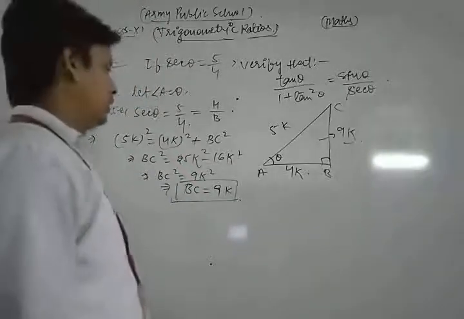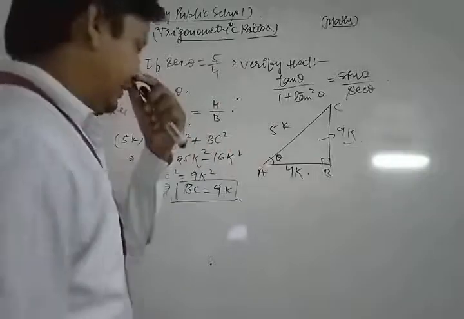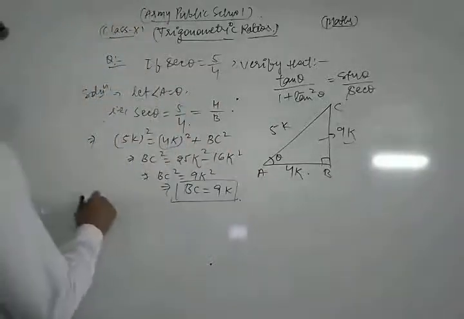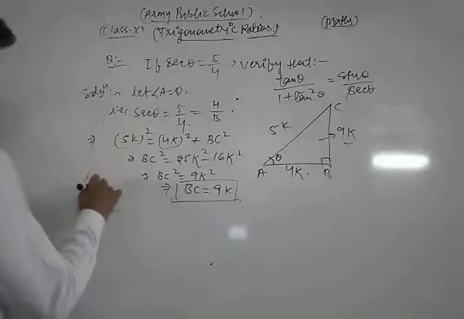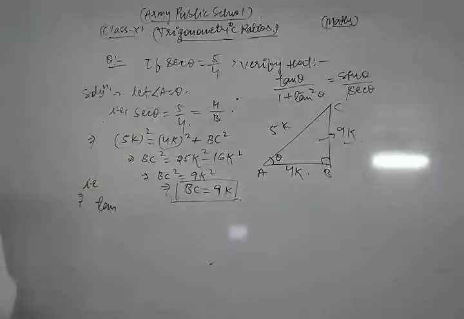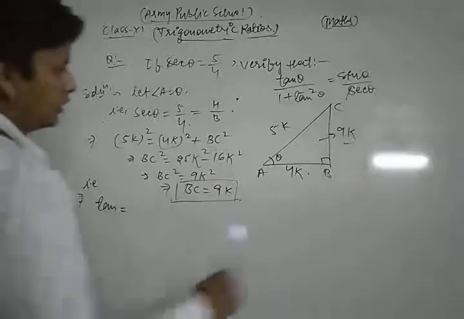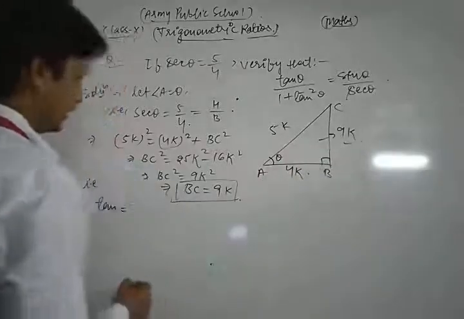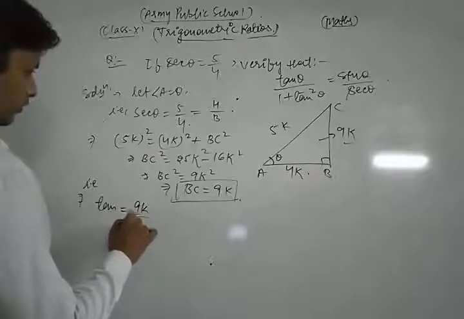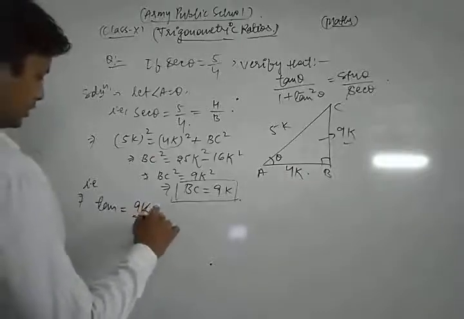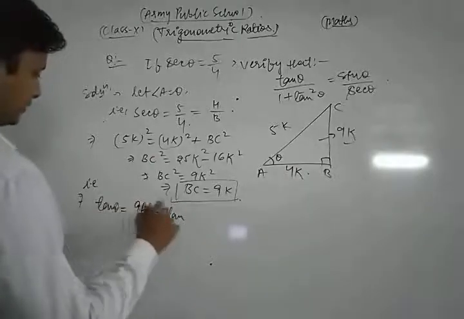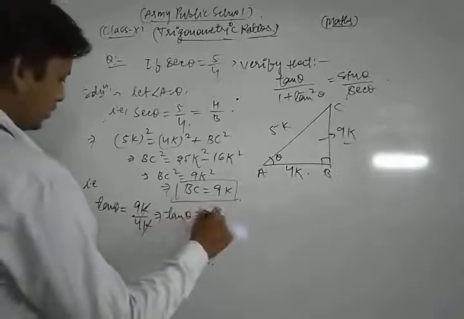Now first of all we find the value of tan theta. The value of tan theta is equal to what? Perpendicular upon base, that is 3k upon 4k, k cancel to each other, so tan of angle theta is equal to 3 upon 4.